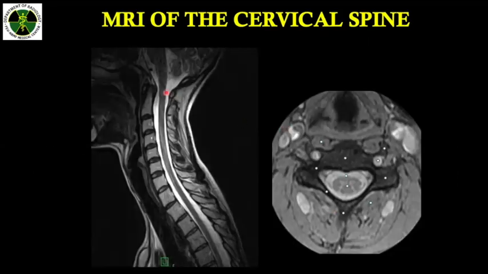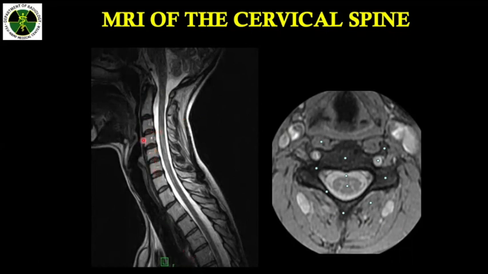So in MRI, the surrounding calcified cortex is dark or low in signal, while the marrow, which contains fat, is bright.